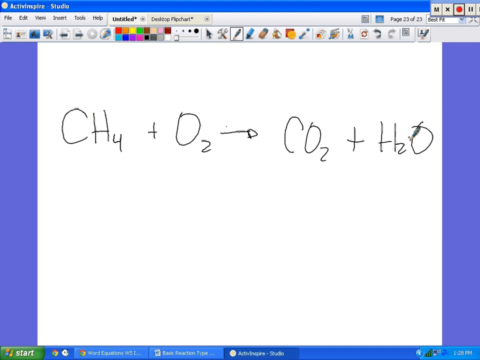All right, so we're going to put a 2 here. That just gave me 2 carbons, so I need 2 carbons. How many water or H's? 8, so put a 4 here. 2 times 2 plus 4 is 8. What is half of 8? 4. Can you reduce? Yes. So 1, 2, 1, 2.